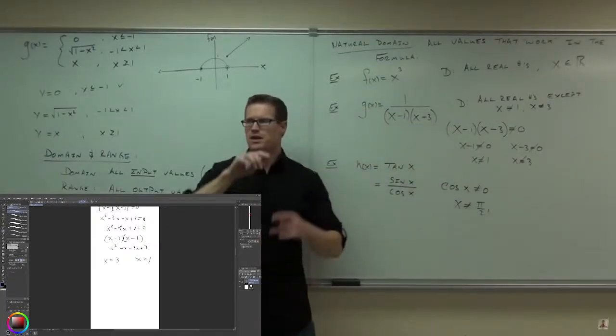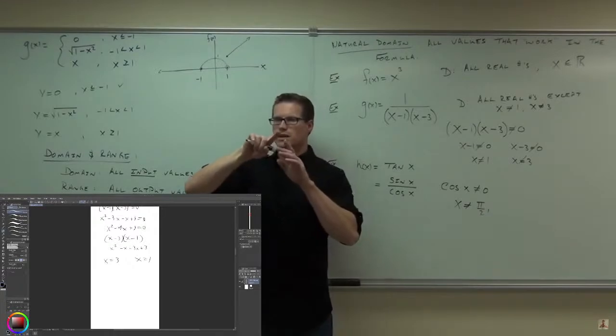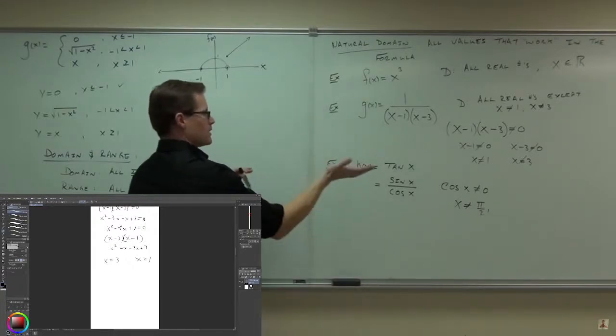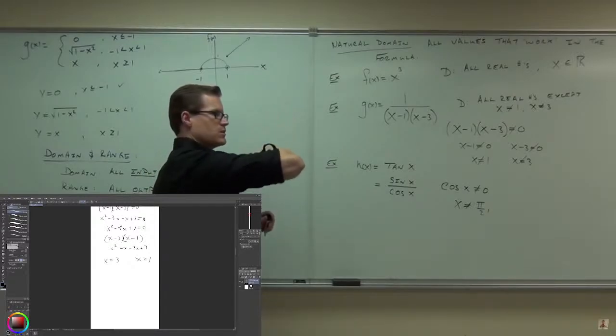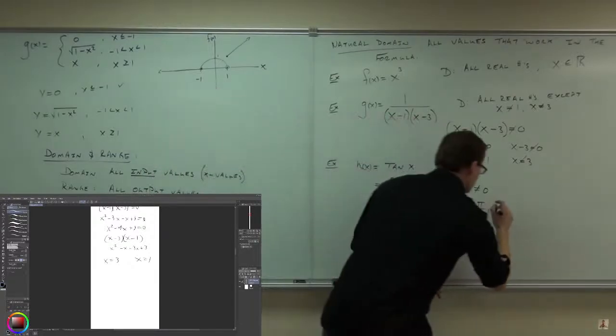X can't equal, if you keep on going, here's pi over 2, cosine 0, true? You're going to keep going to 3 pi over 2.